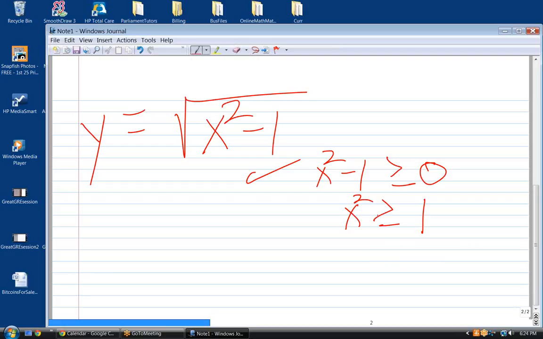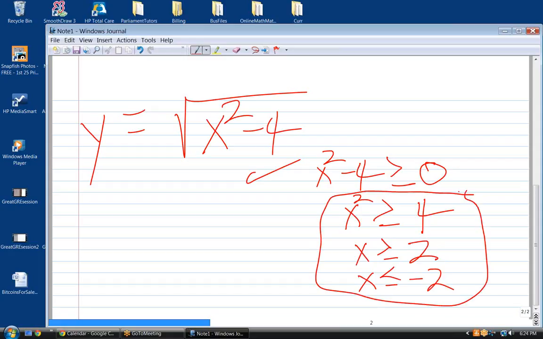Let's talk about this. Not everybody is aware of this. When you have x squared is greater than or equal to 1, let's make it a 4, just because it's going to be more understandable. That means that either x is greater than or equal to 2 or x is less than or equal to minus 2. So that logic right there is very important. It really is x is something plus or minus 2.